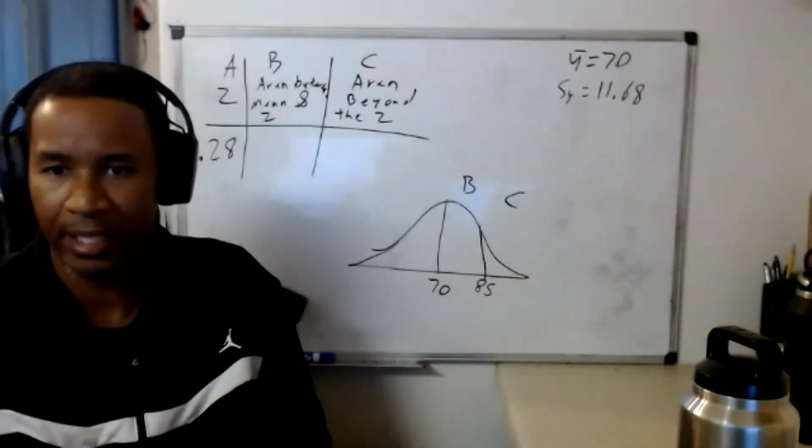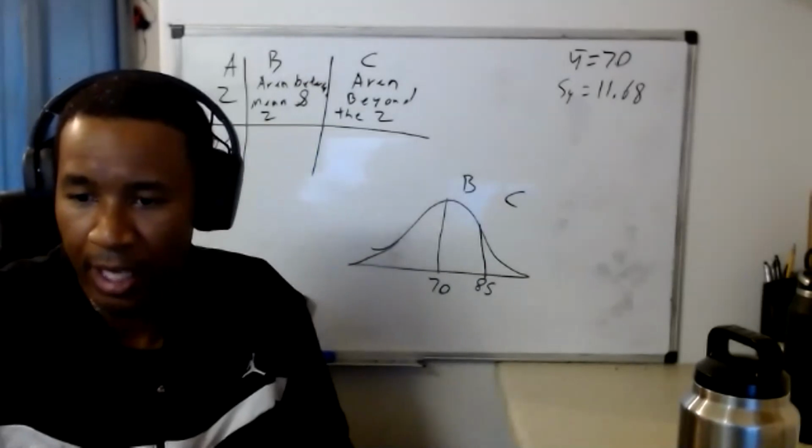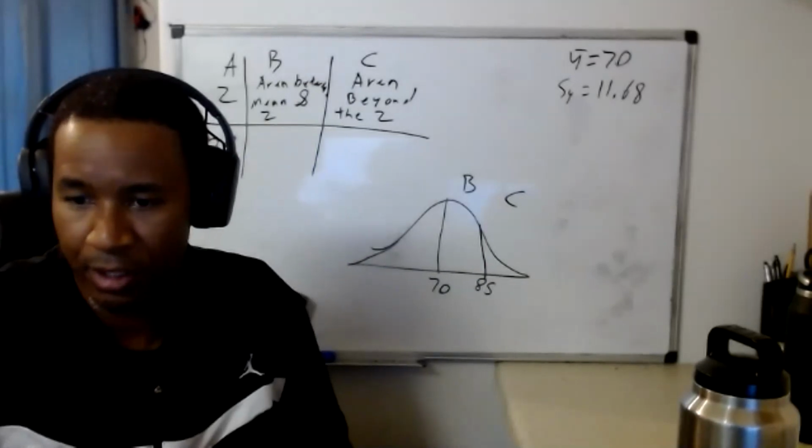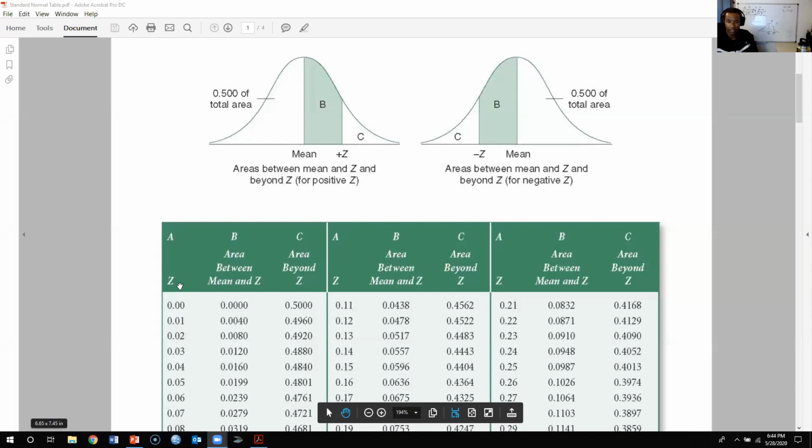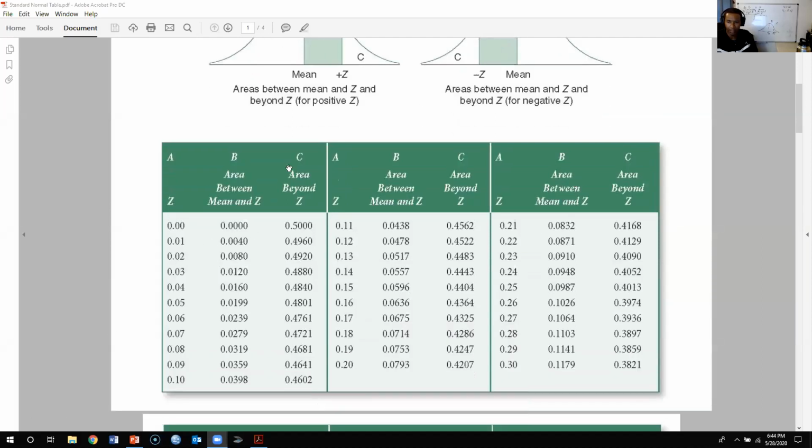So I'm going to jump back to the standard normal table that we were just looking at. In the A column, like I said, A, B, C repeats over and over again, and I need to find the Z value of 1.28. Make sure that you find 1.28, not 0.128 or 112.8 or something like that.